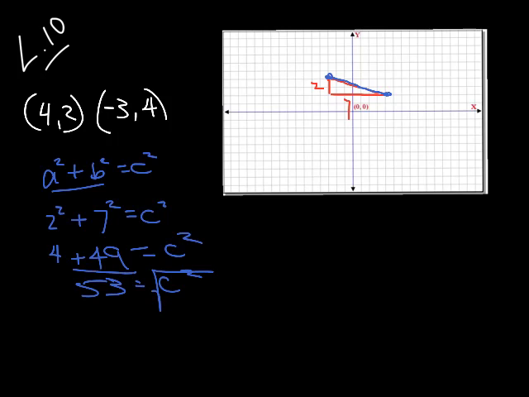Square root. 53 cannot be broken down, so the hypotenuse, c, is the square root of 53, which is somewhere, let's see, 7 times 7 is 49, so it's just a little bit bigger than 7.